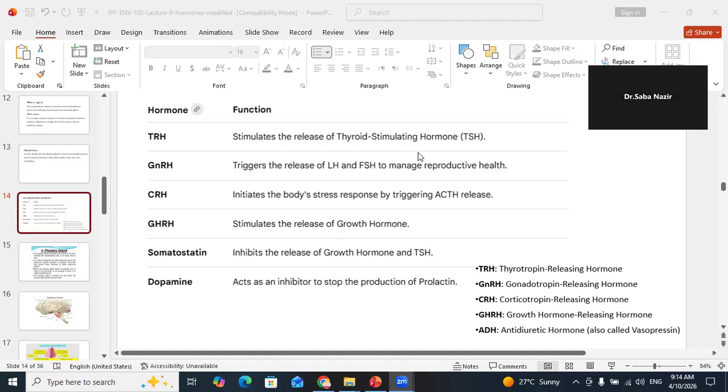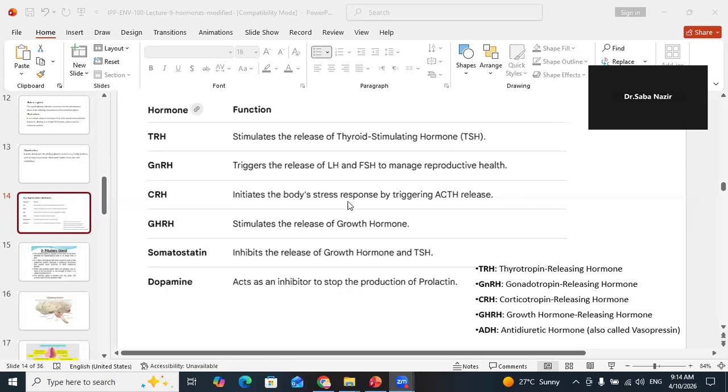Then the second hormone it releases is the gonadotropin releasing hormone. In biology, gonad is a general word for reproductive organ. So whether in male or female, hypothalamus releases gonadotropin releasing hormone.